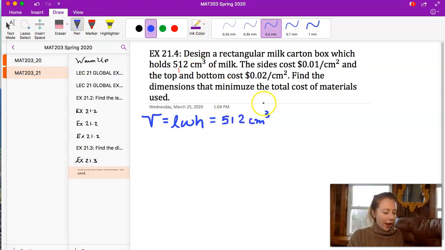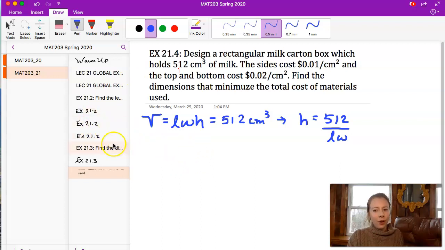And let's once again just solve for height. So height is going to be 512 over LW. You can once again solve for W, solve for H, whatever you want, but we have to make it simplify into a 2-variable function is our goal here.